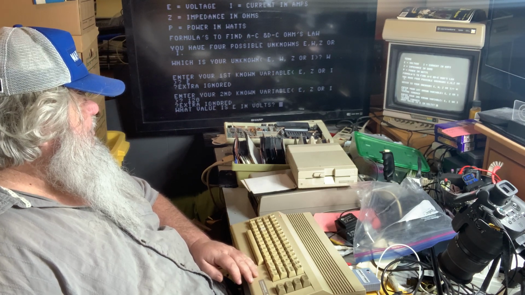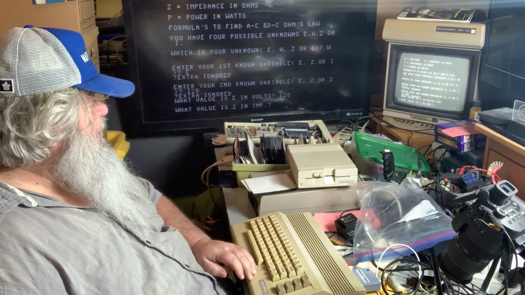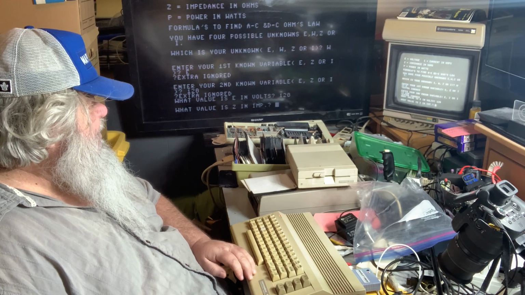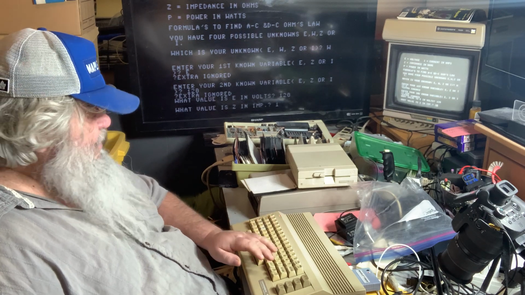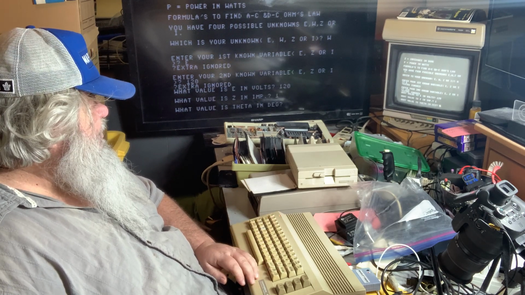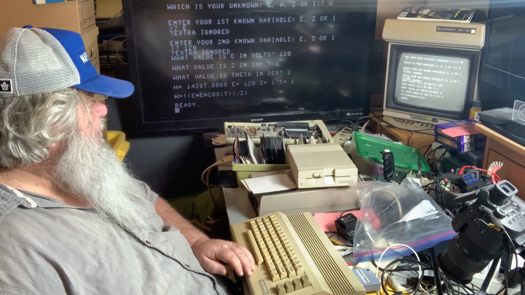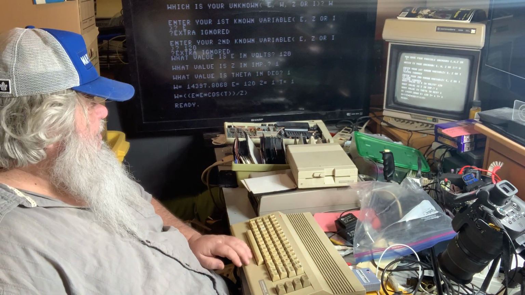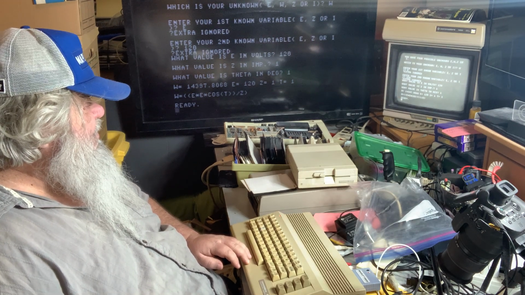Oh, well, that's interesting. Extra ignored. 120. What value is Z in impedance? I'm going to say 1. What value is theta in degrees? I'll say 1. This is cool. That is not what I had in mind exactly. Watts is 14,397.